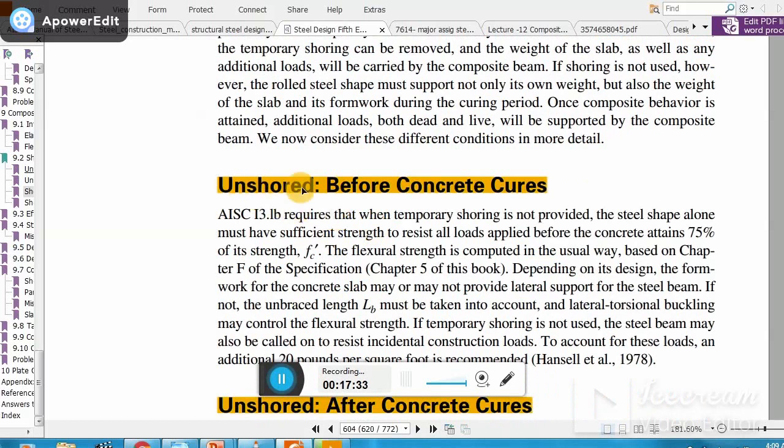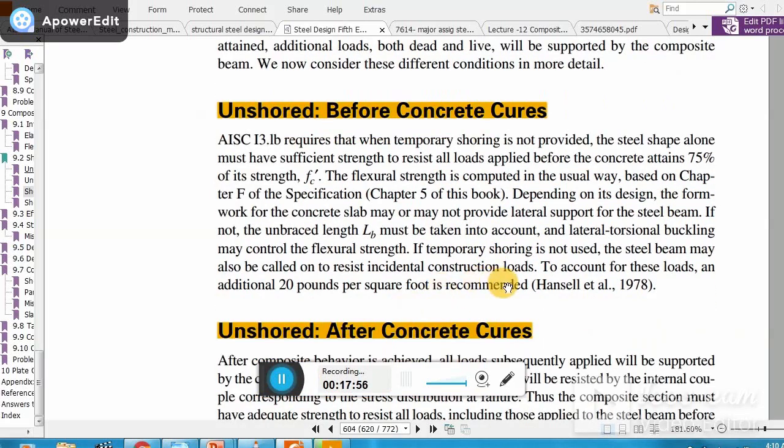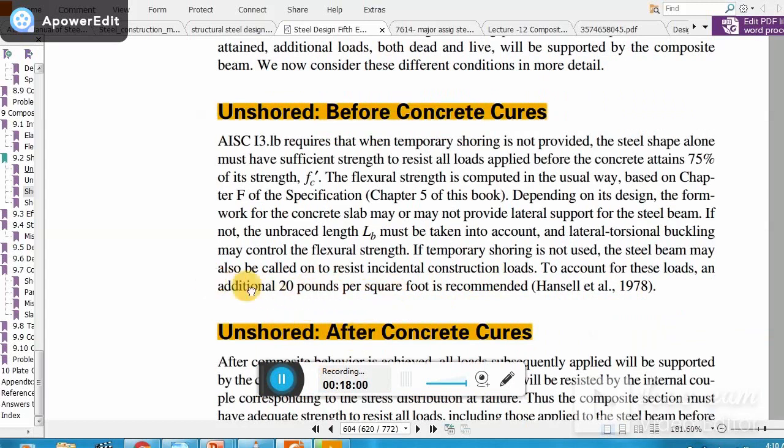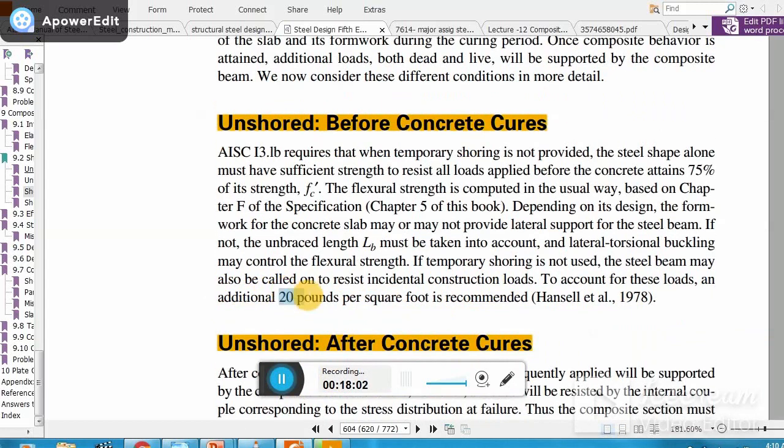If you are doing unshored concrete, it means you are not providing formwork before the concrete cures. Until the concrete has cured, up to 28 days, the whole weight is taken by your beams. In this case you have to account for extra machinery loads, and that point is right here.